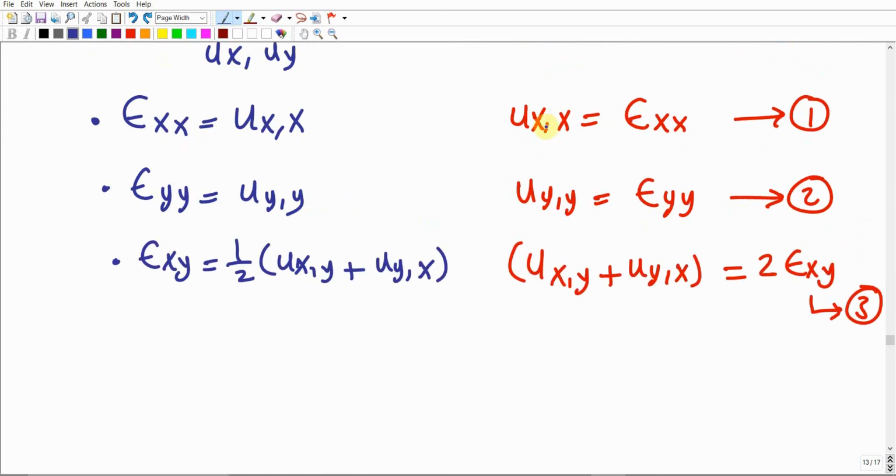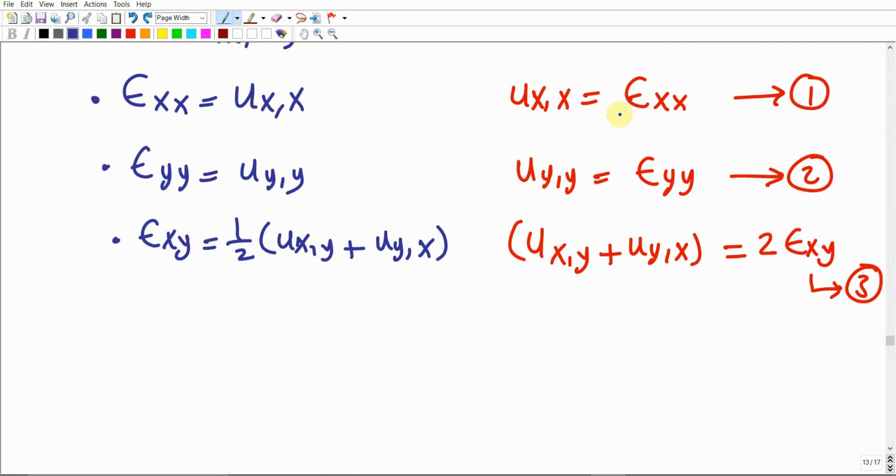You got my point? So let us find the second derivative of equation 1 with respect to y.